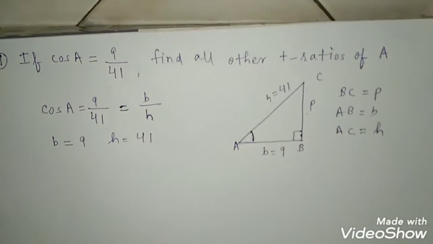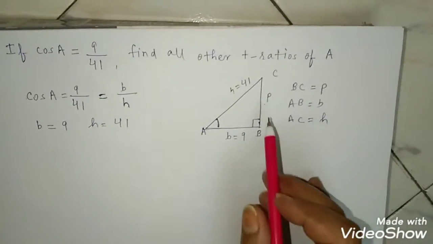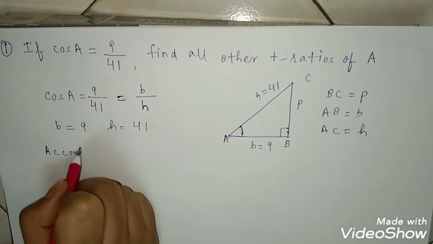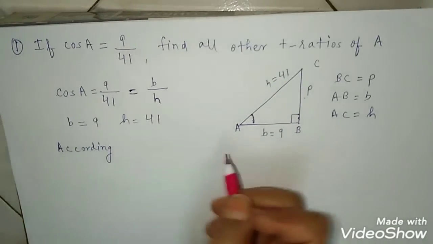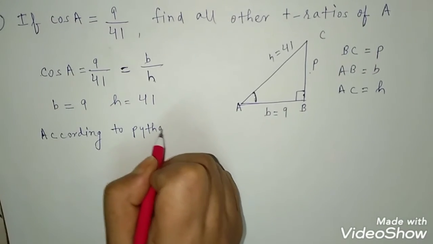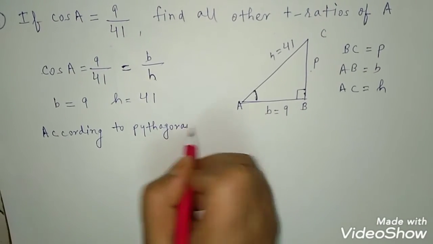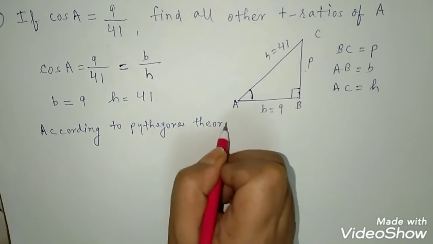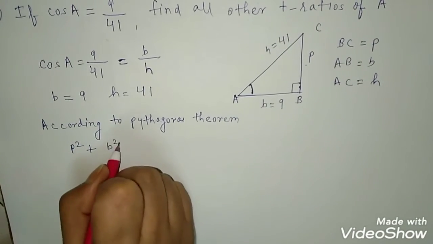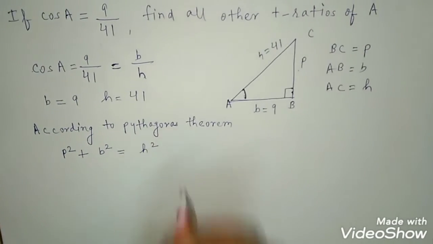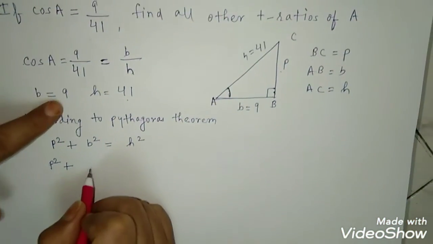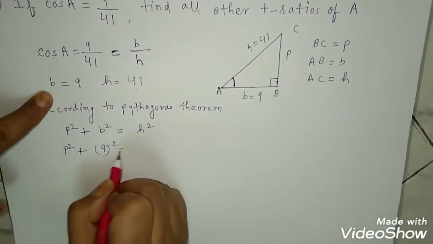Now we don't know perpendicular. First we have to find the perpendicular. So we have to use Pythagoras theorem, which you have been studying since grade 7. Pythagoras says that perpendicular square plus base square is equal to hypotenuse square. Perpendicular is not given, let it be. Base is given, 9 square.